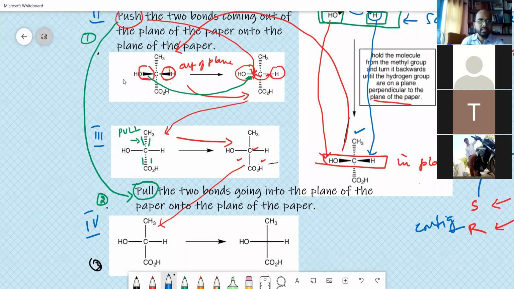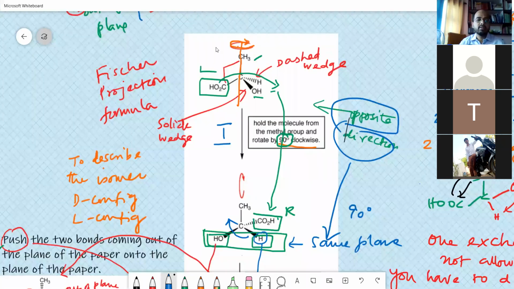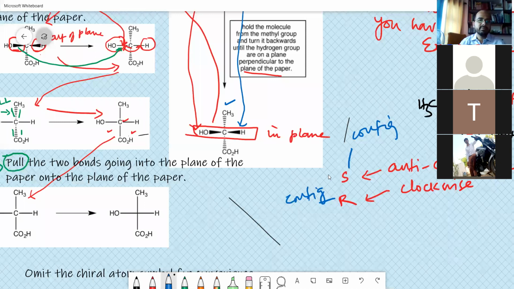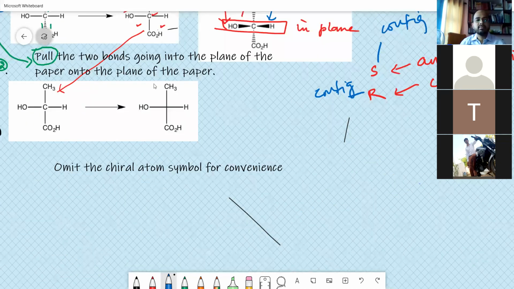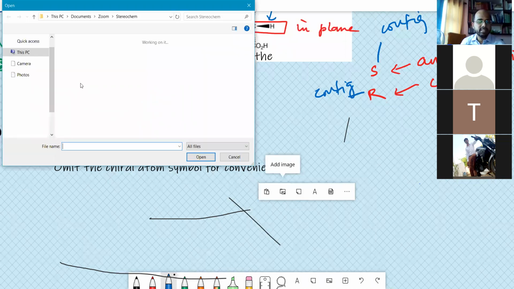From a structure that starts like this, you come to a structure like this. So the process of coming from it like this to this is given like this. So you have to try this and try to understand.